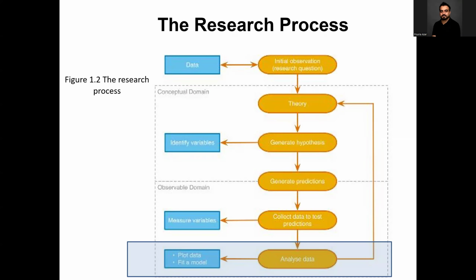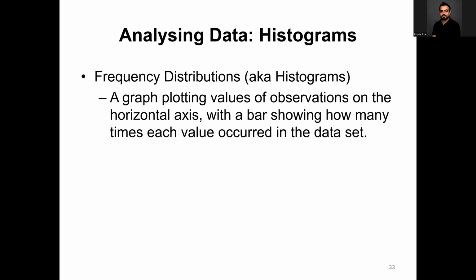And the final step in the research process is analyzing data. First of all, when we start analyzing data, we need to create some plots or graphs. It's also known as histograms. We need to have a frequency distribution.